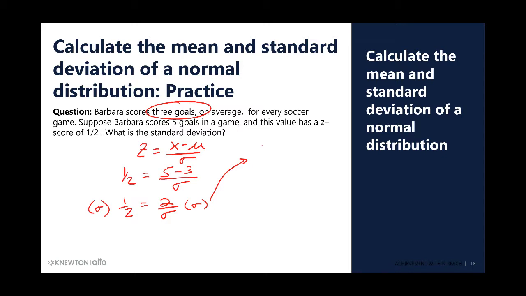And so I have 1/2 times my standard deviation is equal to 2. Now all I have to do is either divide by 1/2 or multiply both sides by 2. It's the same thing really. I'm going to just multiply both sides by 2. And then we get our standard deviation is equal to 4.